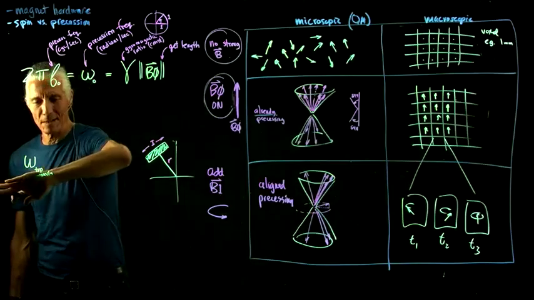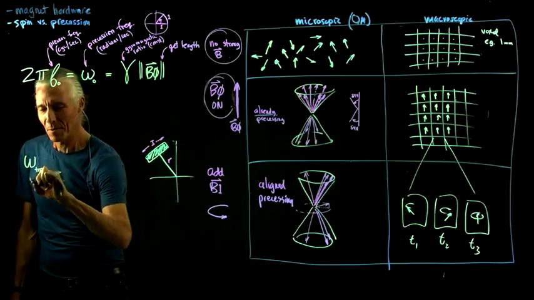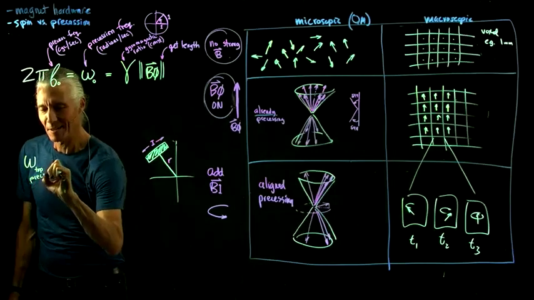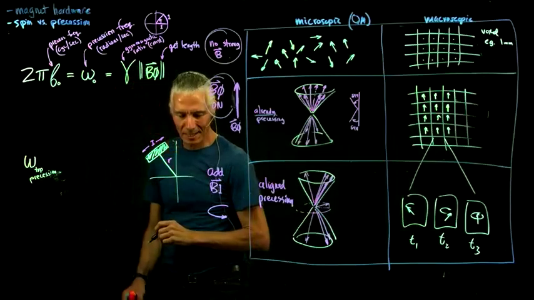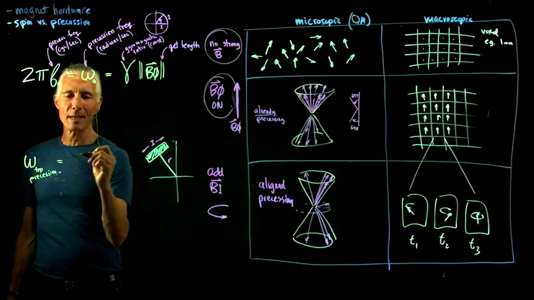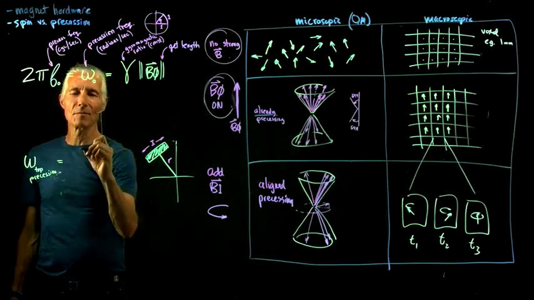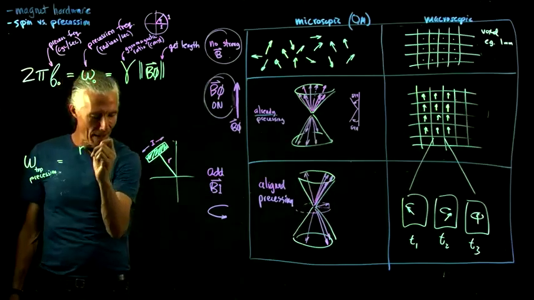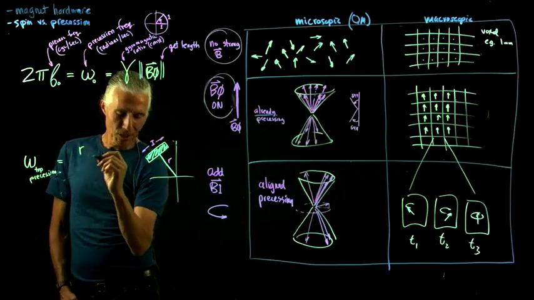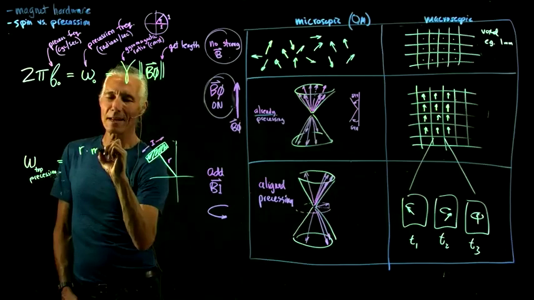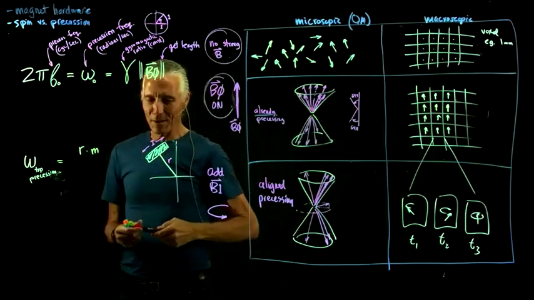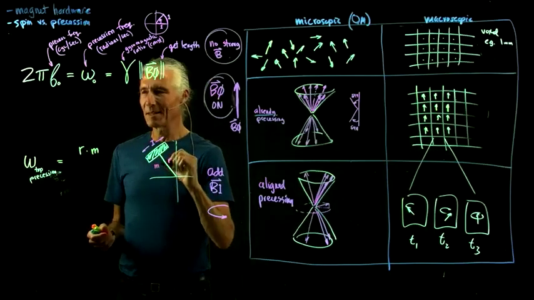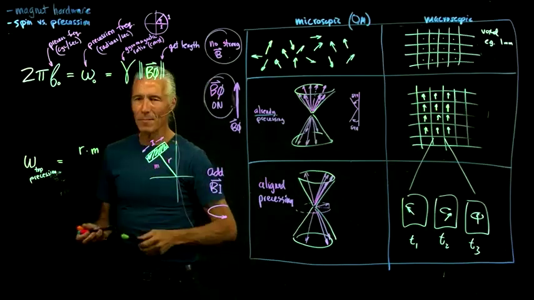The frequency of the top precession is more complicated. It equals, well, how long is the stalk of the top? How much does the top weigh? We've got to consider that a bigger, heavier top is going to precess at a different rate because of the amount of mass.